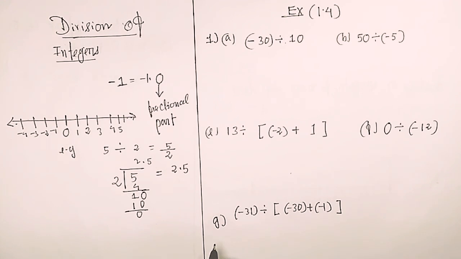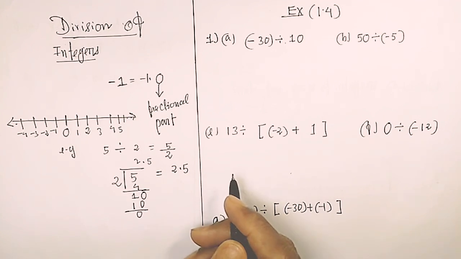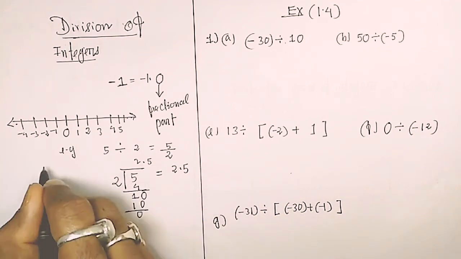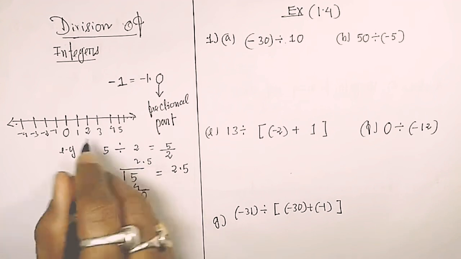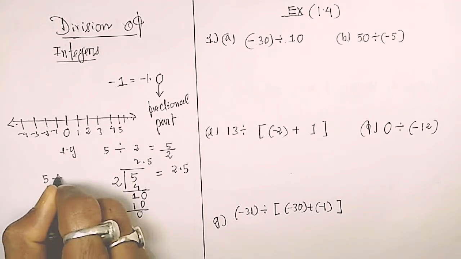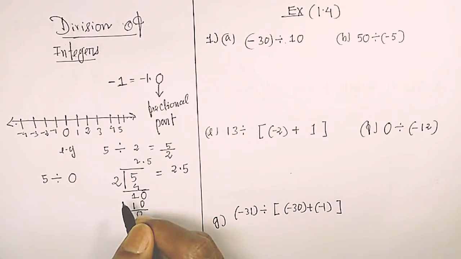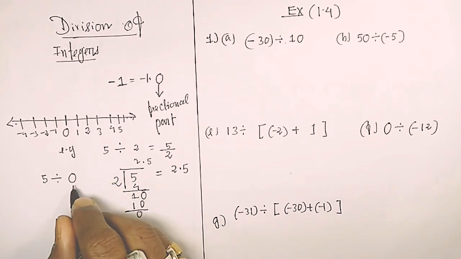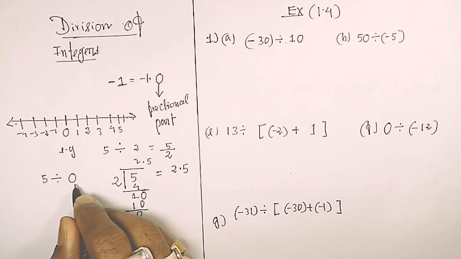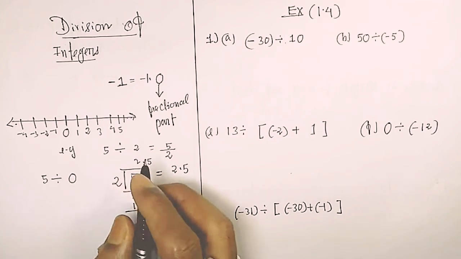So what is the main property you should remember while you divide any two integers? The denominator part should not be 0. That means suppose we are taking 5 as one integer, we cannot divide 5 by 0. That means the divisor should not be 0.